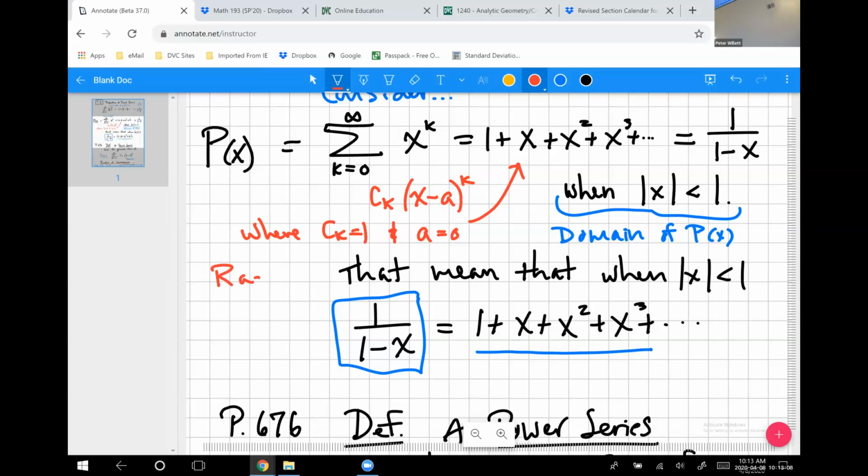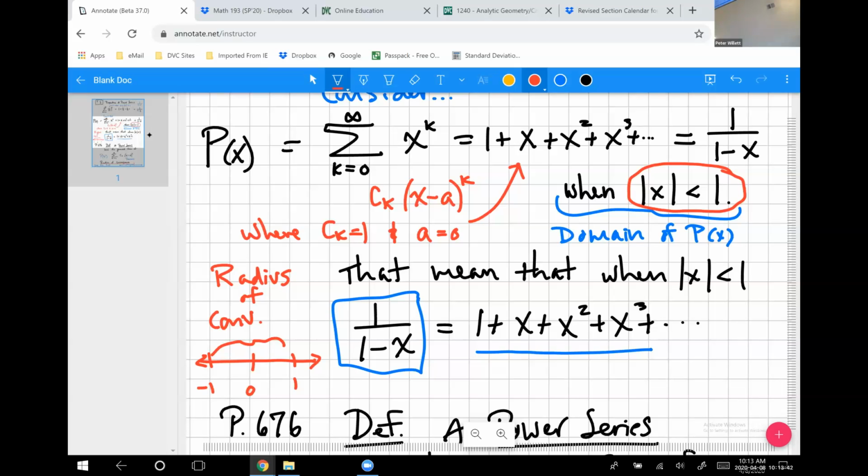If I try to discuss the idea of the radius of convergence here with our previous example, I imagine it on a number line, centering it at my a value, which is 0. We looked at our work up here to see that this only gave us convergence when the absolute value of x was less than 1. So you can go up to 1 or down to negative 1, and in this range, you get convergence.